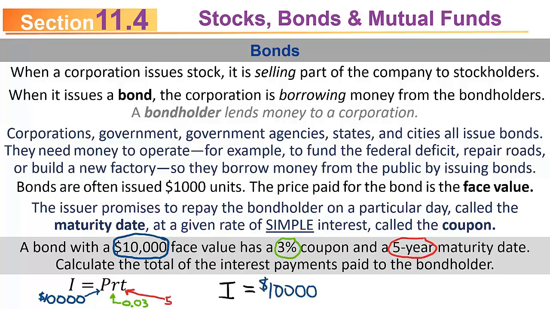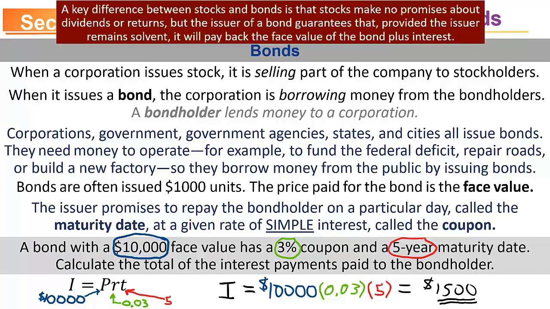So the amount of interest is 10,000 times 0.03 times 5, and that comes out to be $1,500. So a bond with a $10,000 face value at a 3% coupon and a 5-year maturity date will pay interest of $1,500 at the end of that 5-year period.